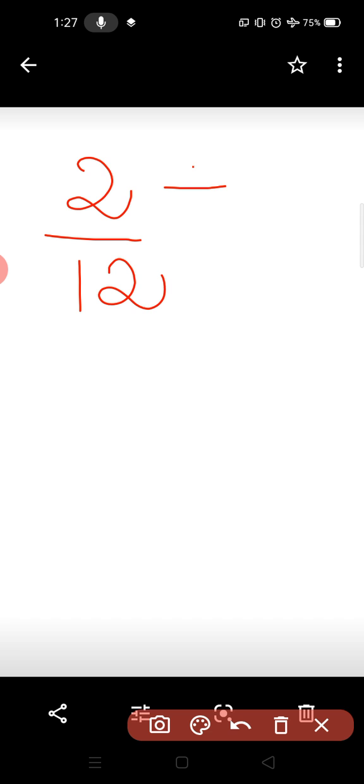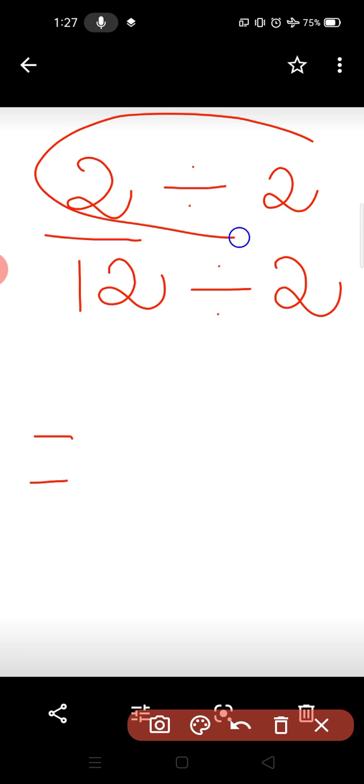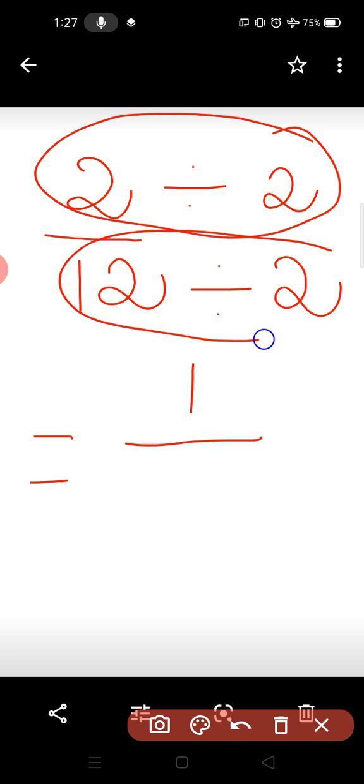Take 2 by 12. Here you have seen that 2 is a common factor for both. So divide both the numerator and denominator by 2. Then what will we get? Here 2 divided by 2 is 1 and 12 divided by 2 is 6. 1 by 6.